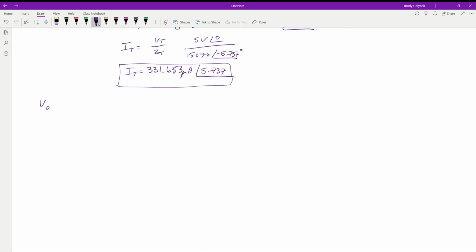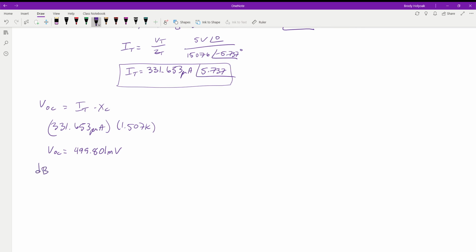The voltage out across our capacitor is equal to the current total times the capacitive reactance, so 331.653 microamps multiplied by 1.507 K. That gives us a voltage drop of 499.801 millivolts.